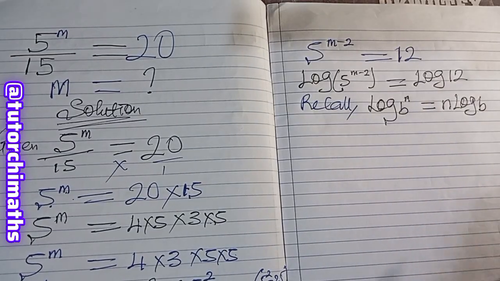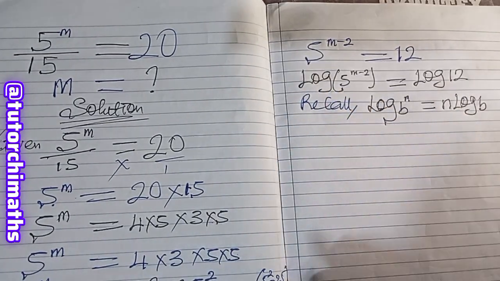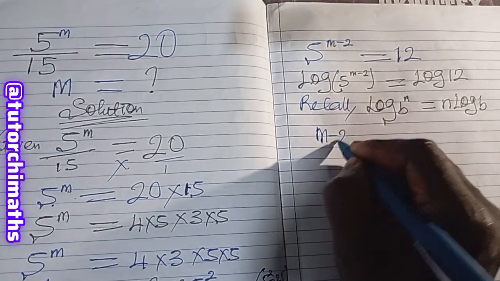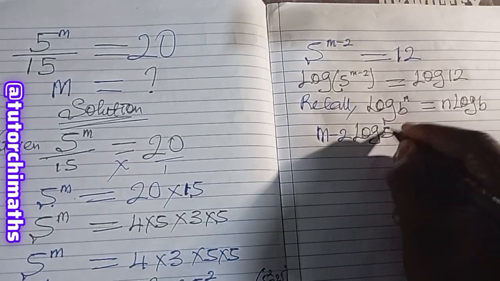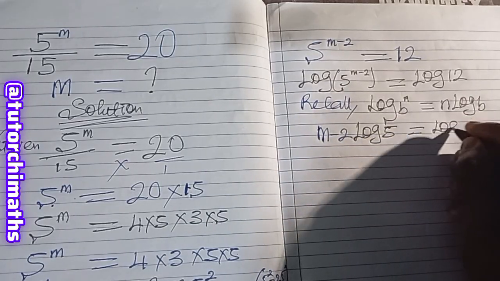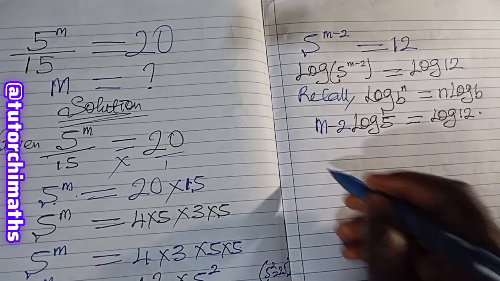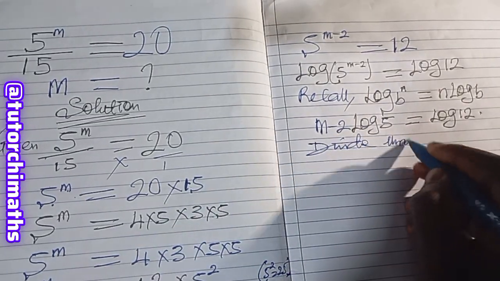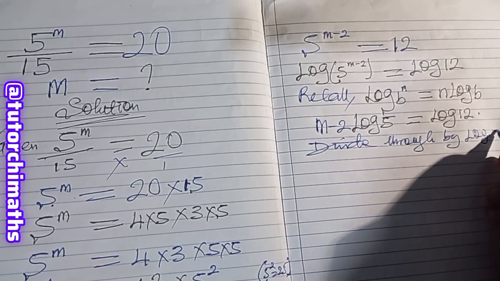Okay, so we are going to apply it here. This power m minus 2 is going to multiply this logarithm. So we have m minus 2 log 5 is equal to log 12. Good. Now let's divide through by log 5.